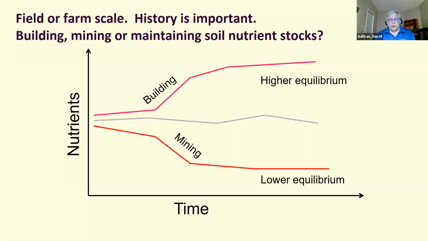When we look at a manure application to supply nitrogen, one of the first things we need to know is what sort of history our application site has had. We have quite different levels of mineralization on sites that have had what I'm calling a building history, where lots of manure and other organic matter has been applied.